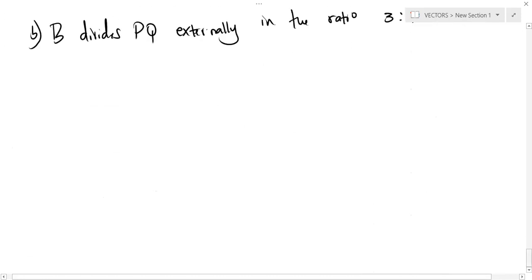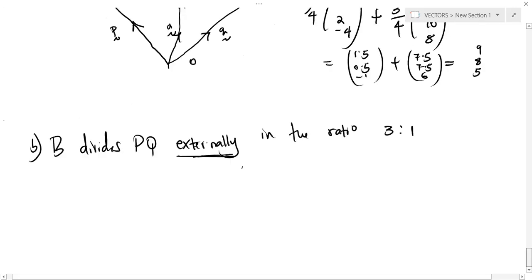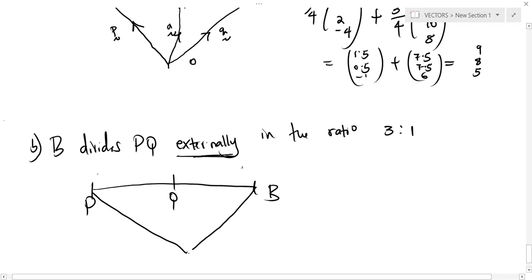Now let's take up another example. We're being told B divides PQ externally in the ratio 3:1. So let's have a rough sketch for that. If B is dividing PQ externally, we will have our P somewhere here, we will have our Q somewhere here, and we will have our B somewhere here because it's dividing it externally.